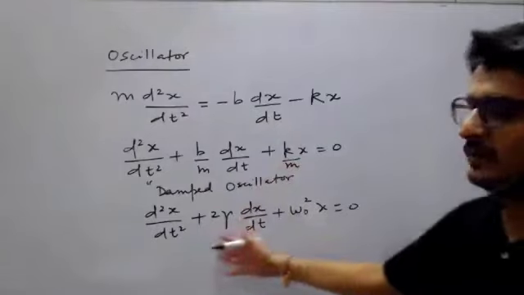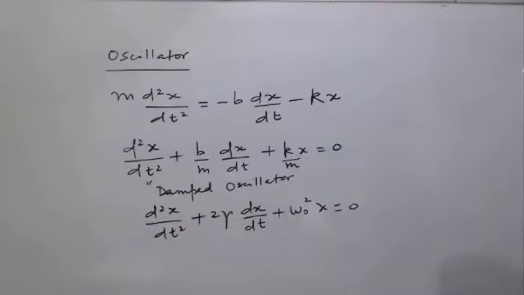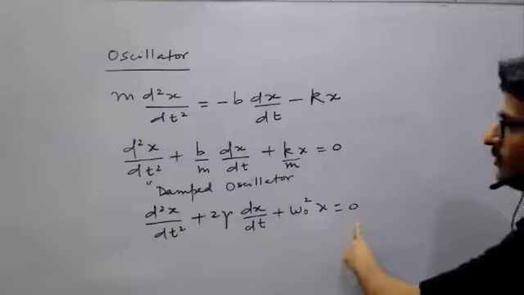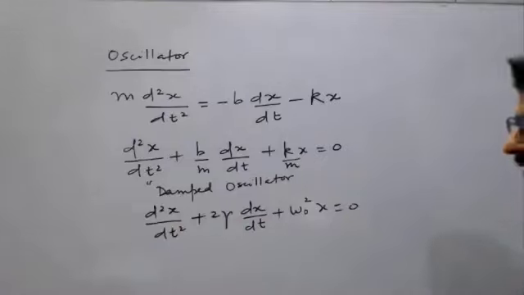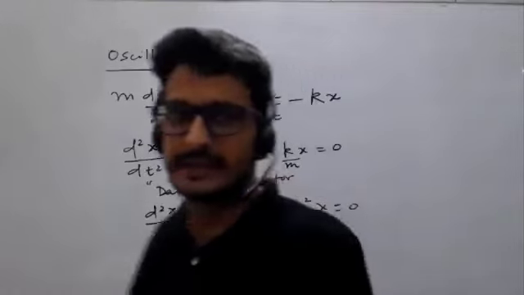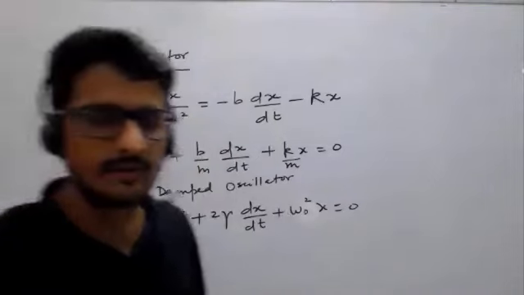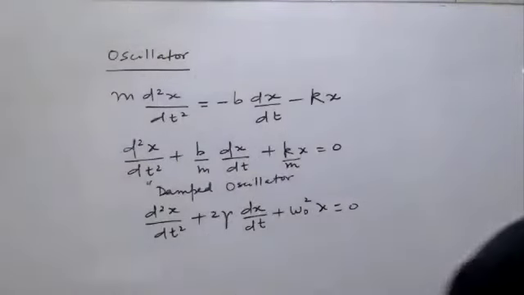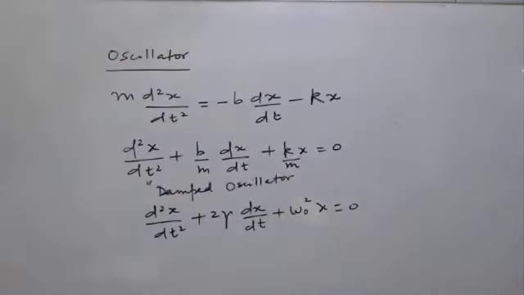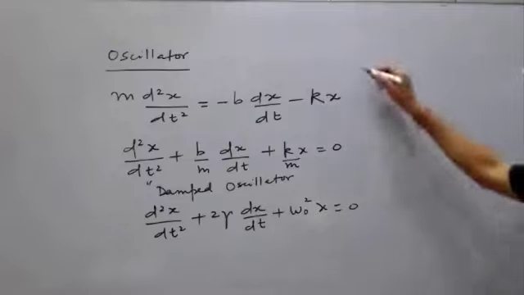So please see, this is also an example of your equation where the right hand side is equal to 0. So we can solve this equation the same way we solved the previous equation. Let us solve it quickly.